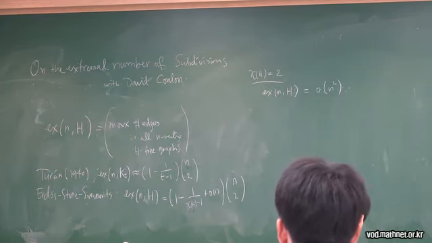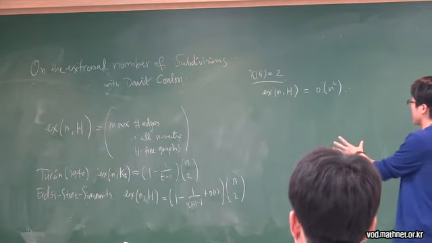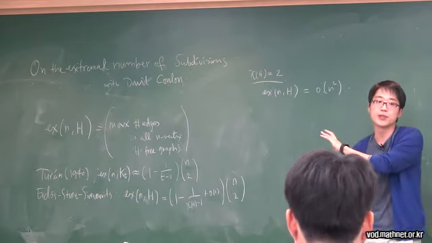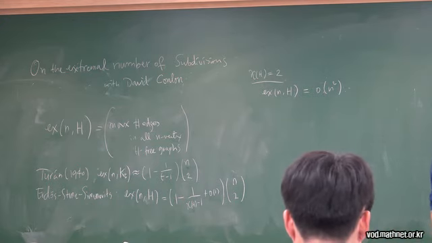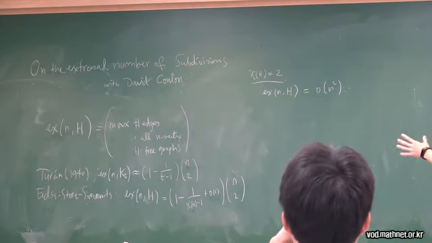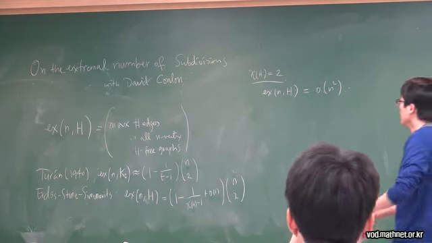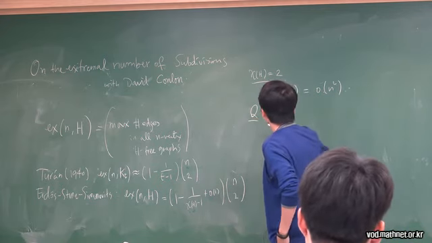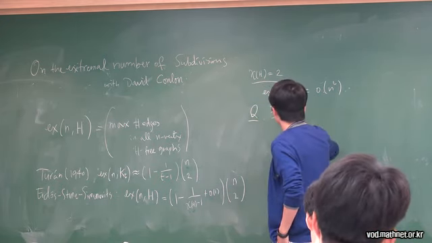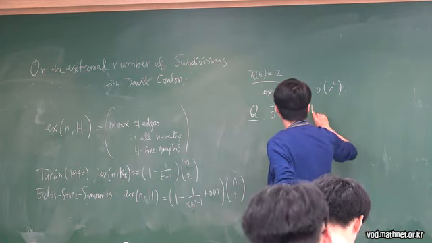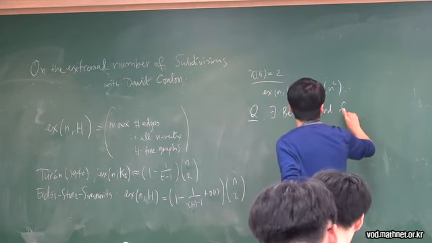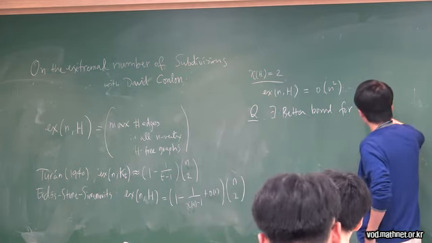Hence, it's a natural question to ask if there's an improvement of the Erdős–Stone–Simonovits theorem for bipartite graphs. The question: does there exist a better bound, particularly for bipartite H?